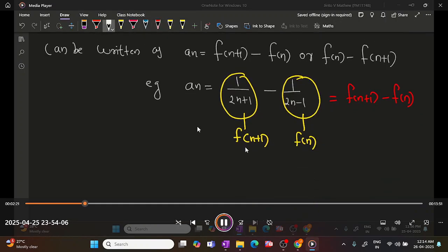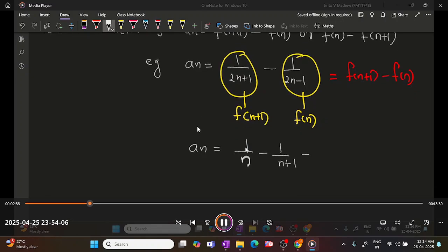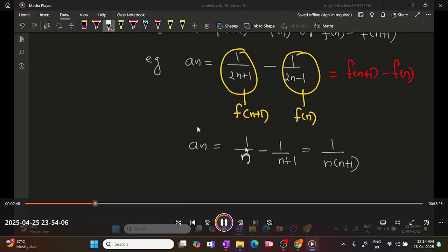Okay, one more example to you. a_n is equal to 1 by n minus 1 by n plus 1. It is nothing but very familiar to us. We might have seen in a lot of places 1 by n into n plus 1. So the nth term may not always be present in the form of f of n plus 1 minus f of n, or f of n minus f of n plus 1.